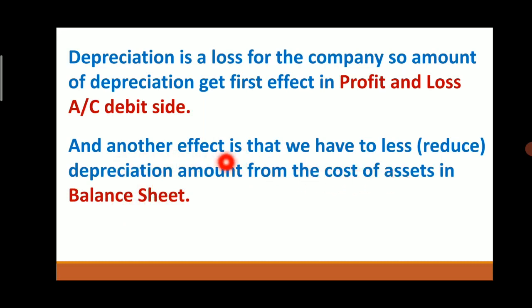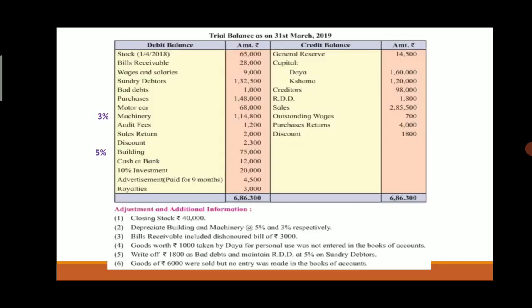So depreciation gets two entries: the profit and loss account debit side and the balance sheet asset side.